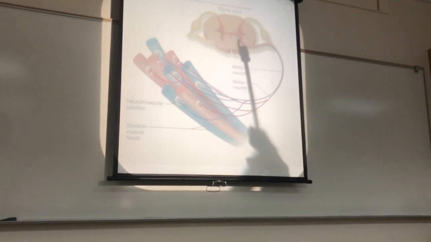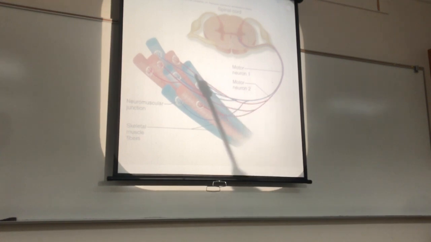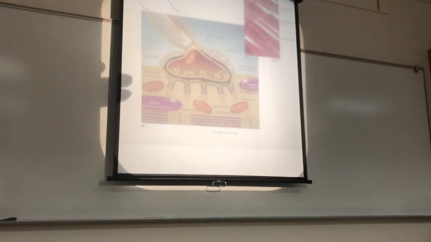Action potentials move down the cell, so that action potential moves down the neuron's axon, all the way down the nerve, until it gets to the axon terminal, the synaptic knob. So the action potential is coming down this way, and it gets to the synaptic knob.